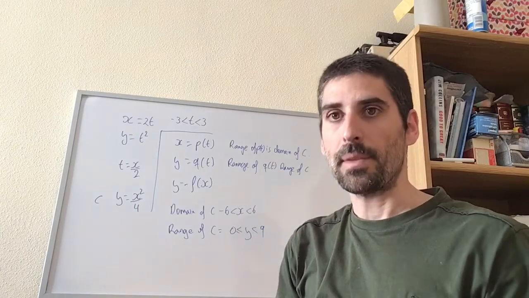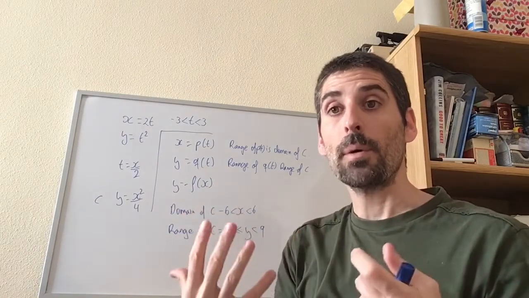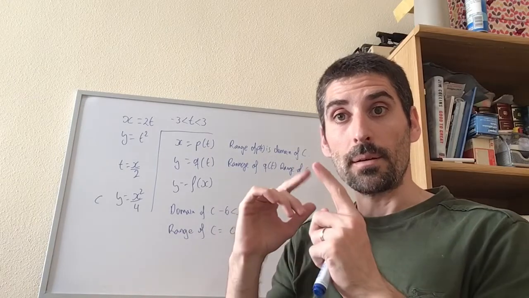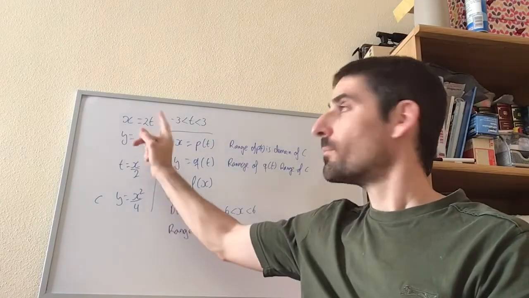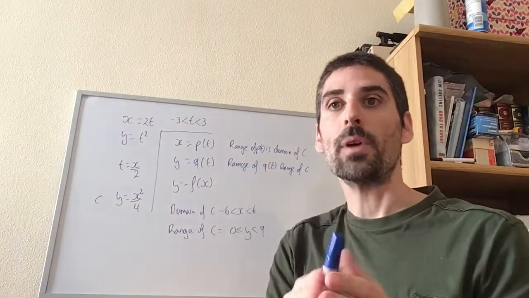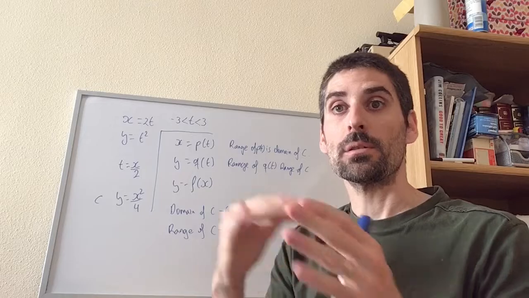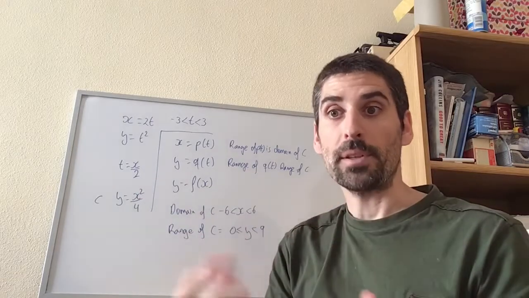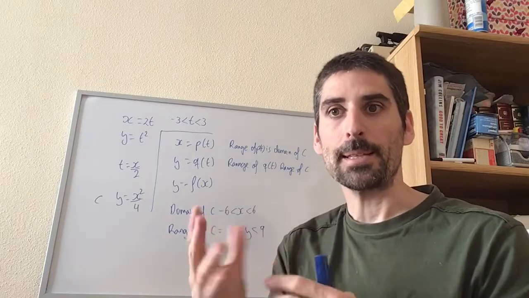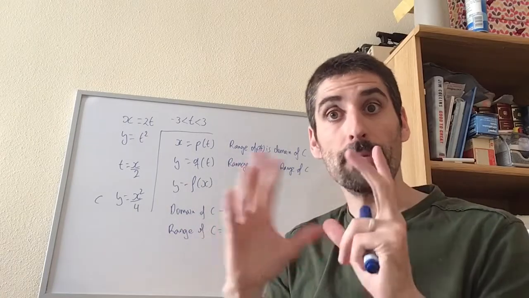And that is example number 1 of parametric equations, how they link to the Cartesian, and how the domain and range of the Cartesian equation is related to the parametric equations. Let's do one more example, perhaps a bit more complicated, and that'll be the first chunk of the chapter done.